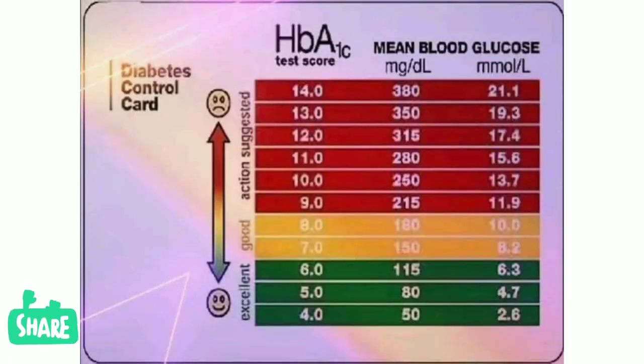And this is the diabetes control card. Here are given HbA1c and mean blood glucose values that may be excellent, good, and these also show which action is suggested.